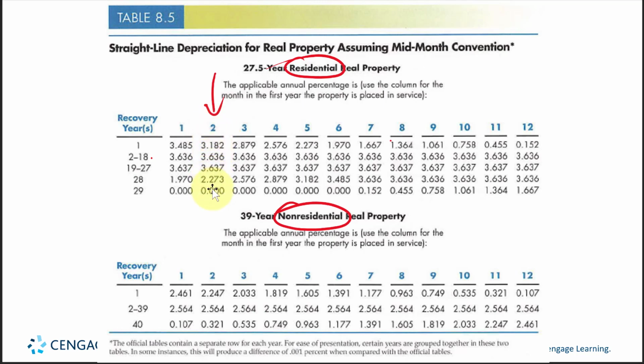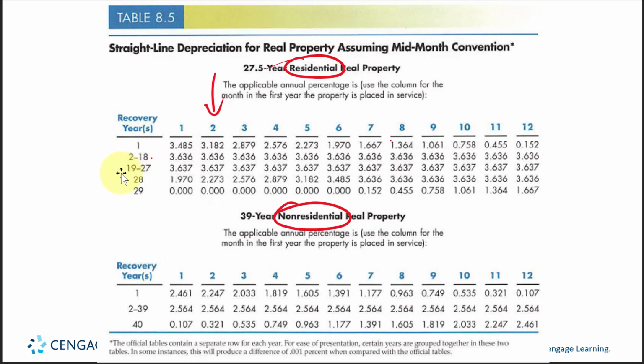So I take the depreciable cost and I'm going to multiply it by this 3.182%, and that's going to be my depreciation for the first year. And then the same depreciable cost I multiply by the second row for the next year and the third year and so forth.